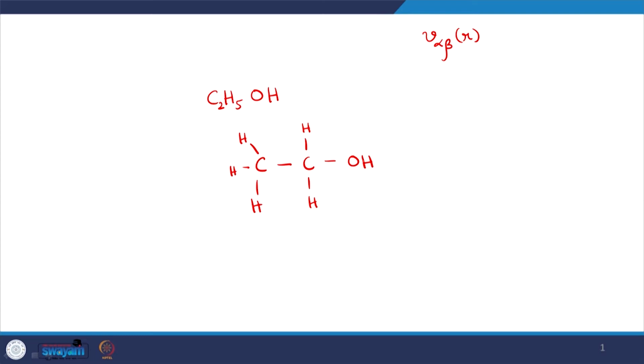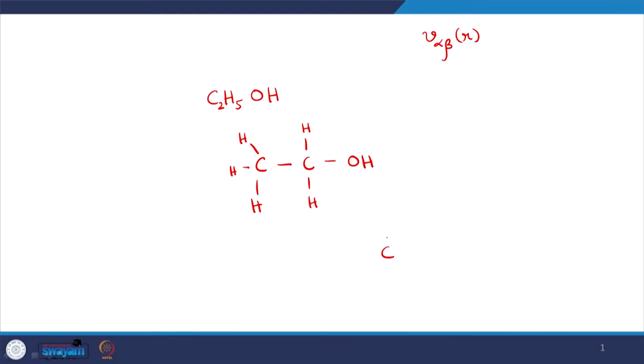And now if you imagine a liquid ethanol, then it contains many of the ethanol molecules. So you will have other ethanol molecules, and I am showing only 3 of them.